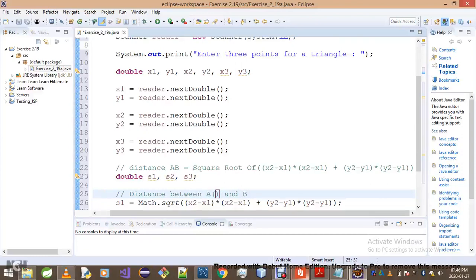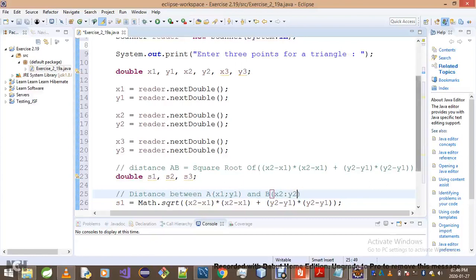Let me do this. A is giving us x1, y1, and B is giving us x2, y2.